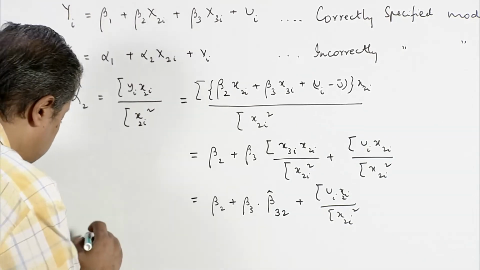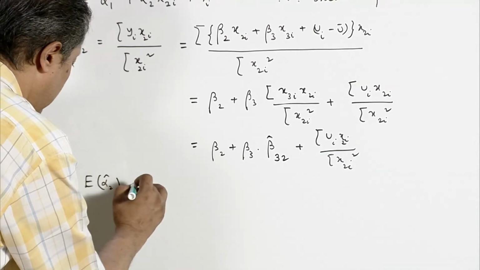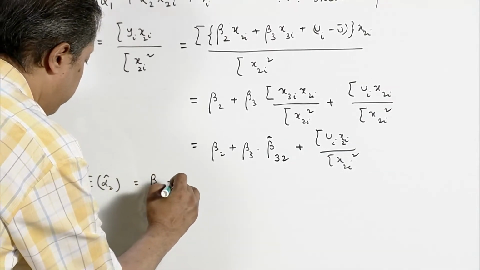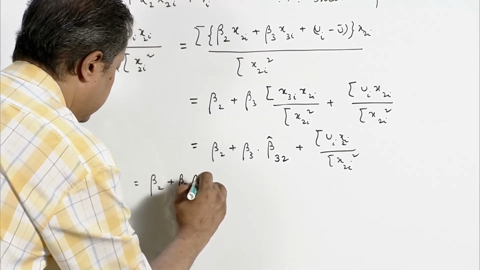And therefore, the expected value of alpha 2 hat will be equal to beta 2 plus beta 3 times beta 3 2.